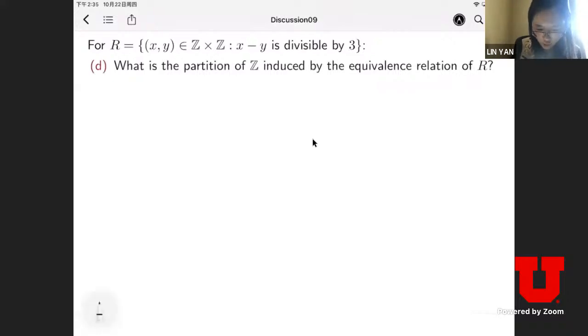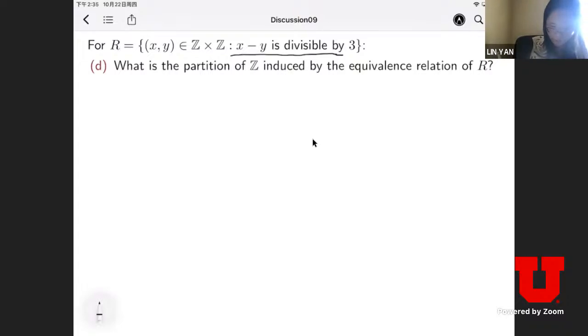What's the partition of the integer set induced by the equivalence relation R? So in this one, we find that there's a property: this is divisible by 3.